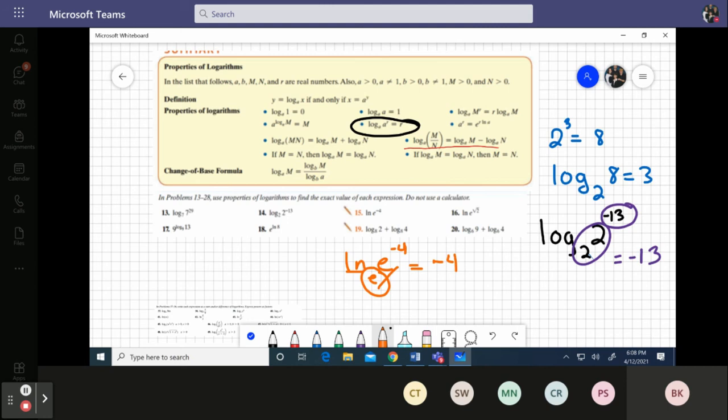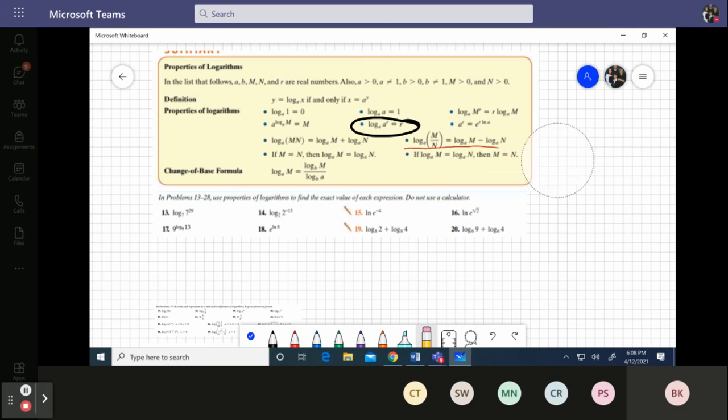On 17, even though it has that log in it, that log is an exponent, and 17 is in exponential form. So I'm going to take 9 to the log base 9 of 13, and I'm going to write it as a logarithm.